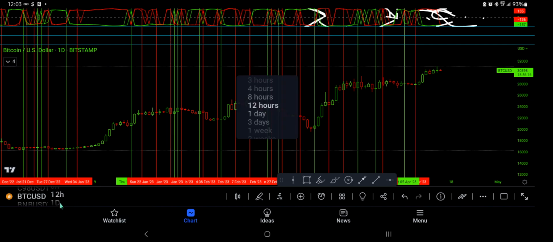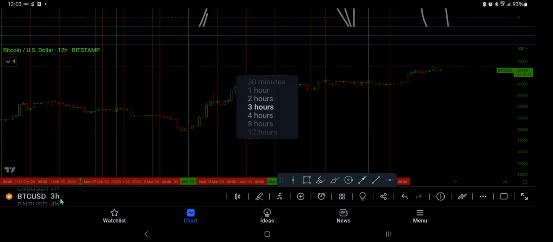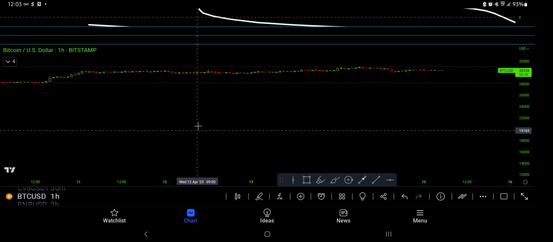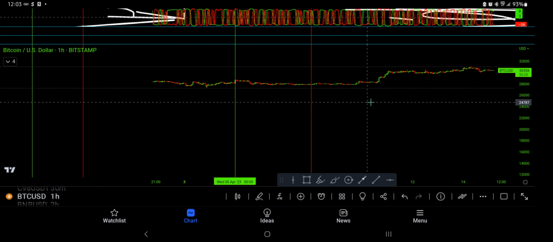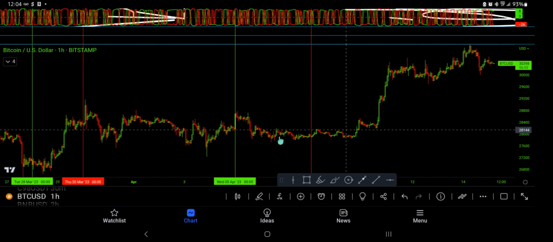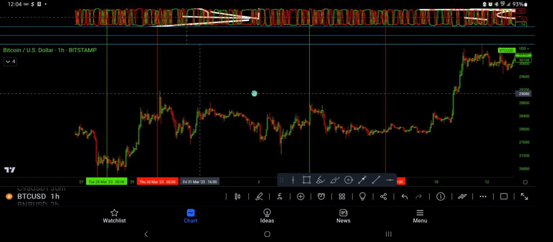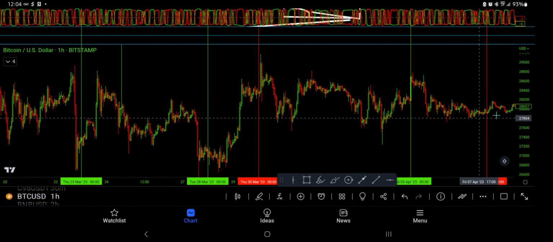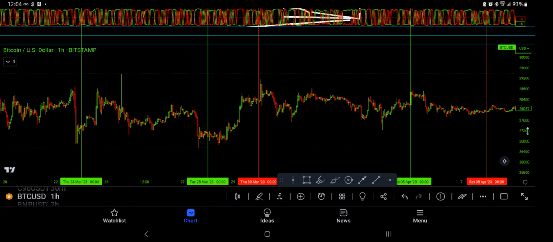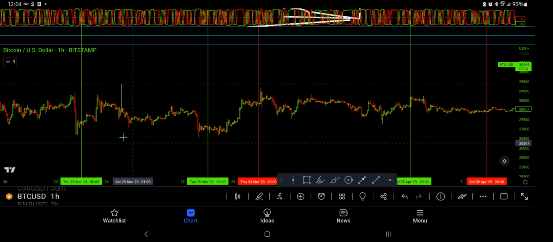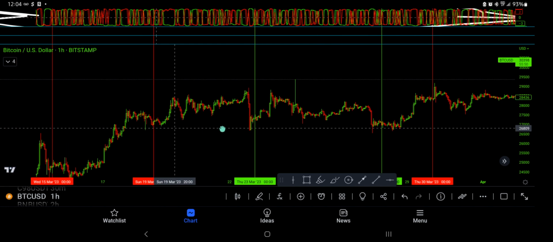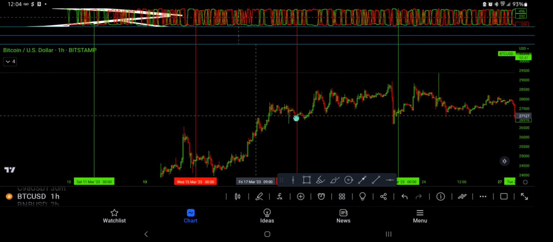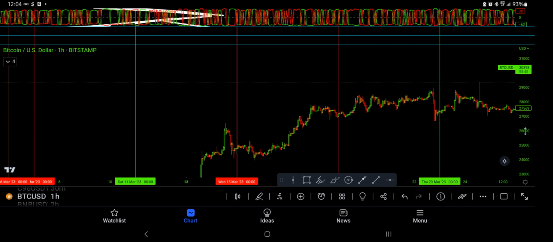So let's move to the 1 hour. We're going to look at the lines before we erase them. Alright, so when we get to the 1 hour, we can see the line graphs on the 1 hour a little bit more clearly, and check out the trend lines as they went from the higher time frames.